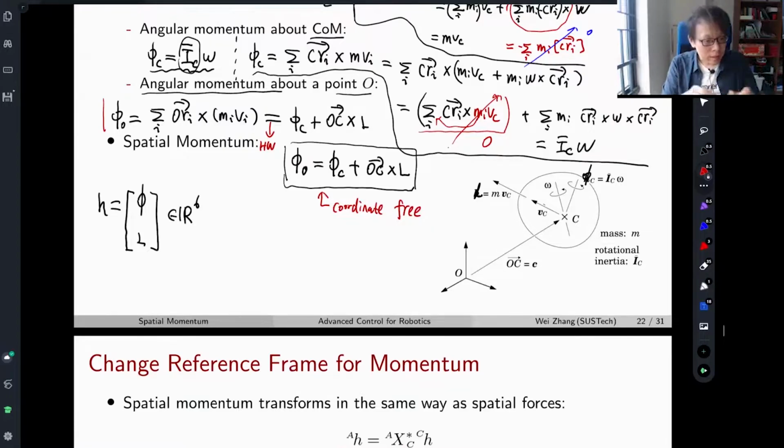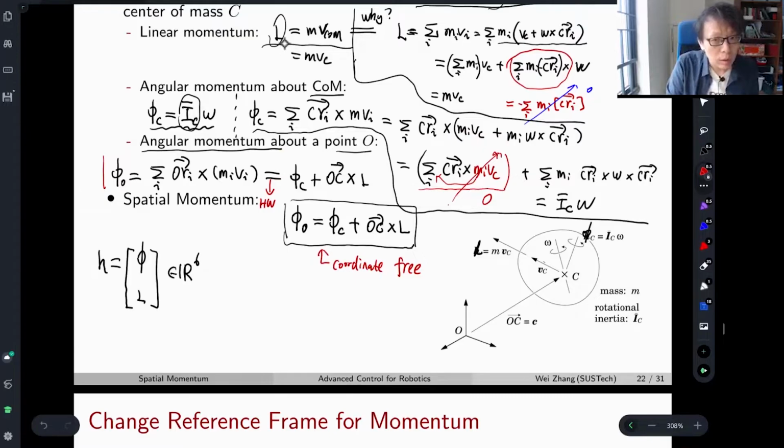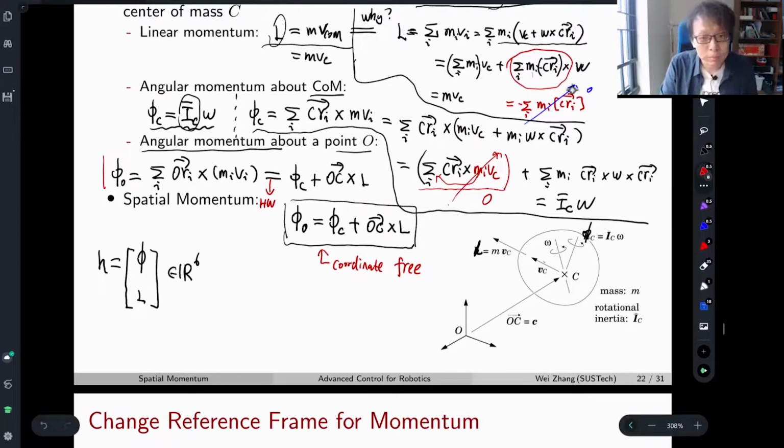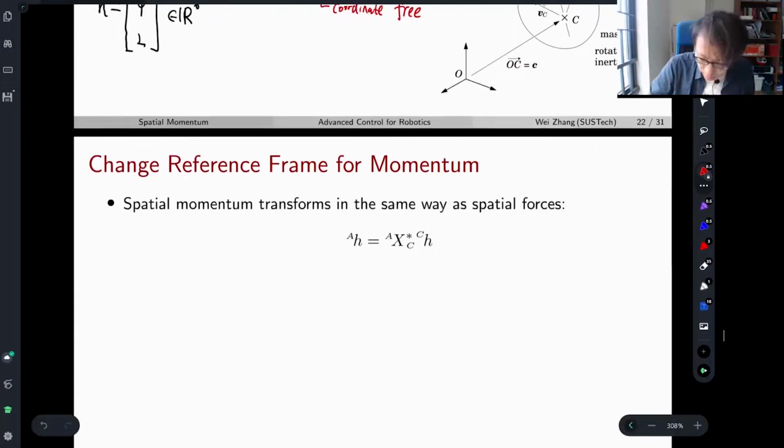Here it's the same. I didn't say which coordinate system we have to use, but we need to make sure a reference point is specified. If you change the reference point, then only this part changes, but I_O doesn't change. I_O doesn't depend on the reference point. It's only the center mass velocity that is fixed. If it is not the center mass, then this part won't be 0. I hope the derivation helps you further understand this concept.